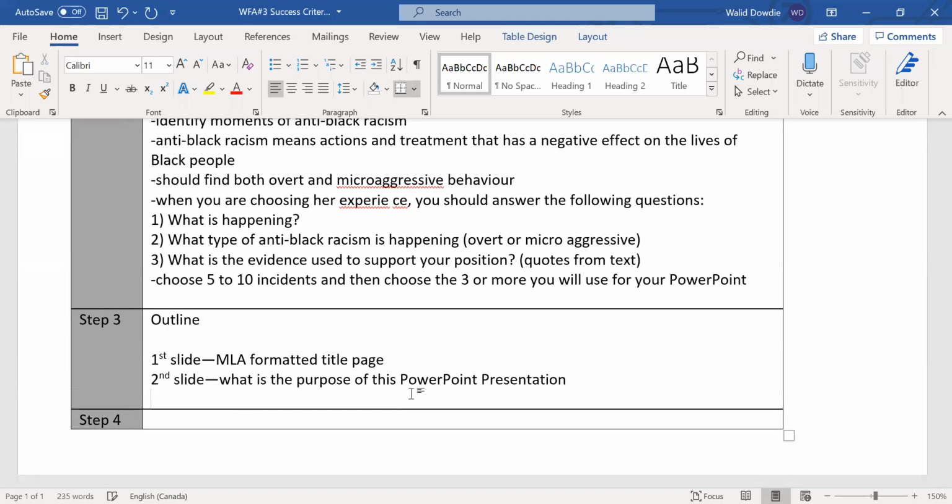Okay, what should be on the third slide? Is there anything we have to prove?